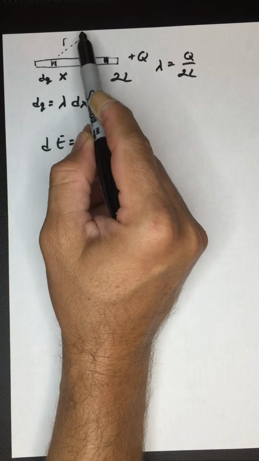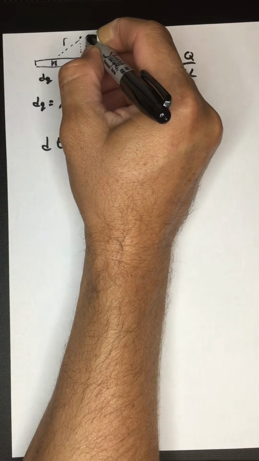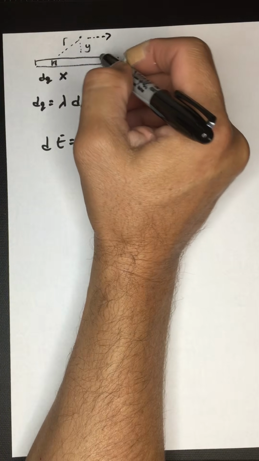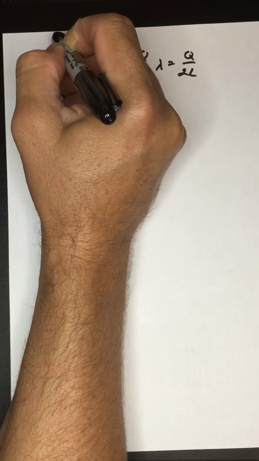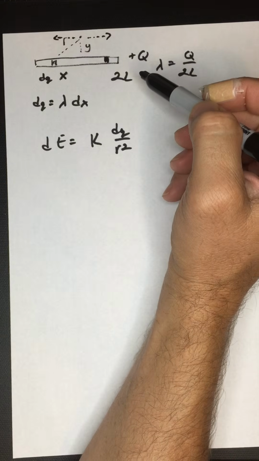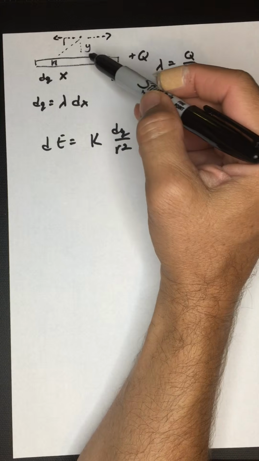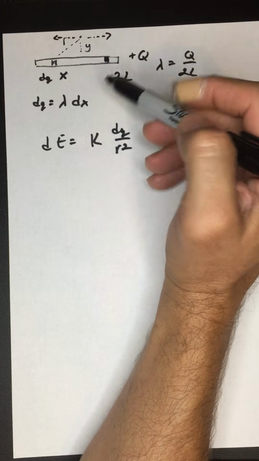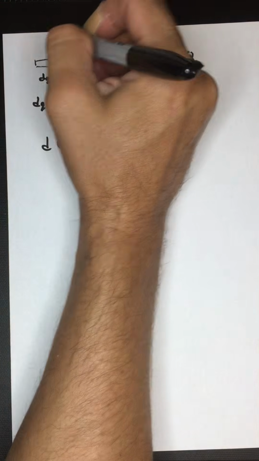The horizontal component of the field due to this charge will look like that. The horizontal field due to this charge will look like that, right? And they're going to cancel. So the only one that contributes is the field, in this case, in the y direction, in the up and down direction.